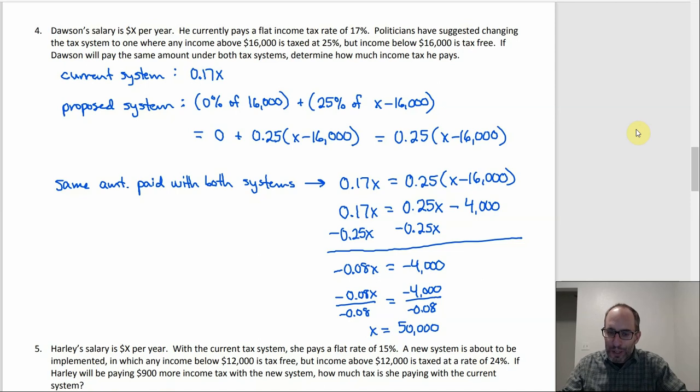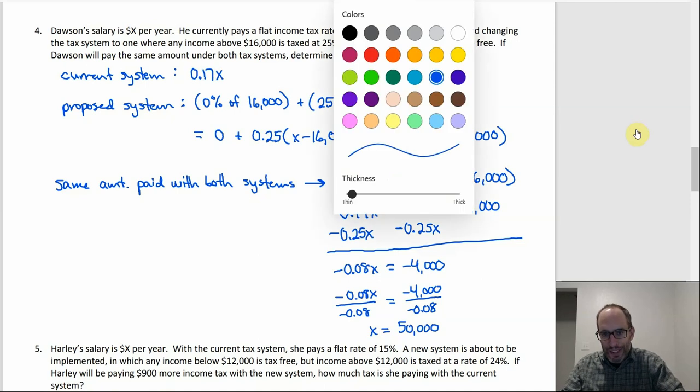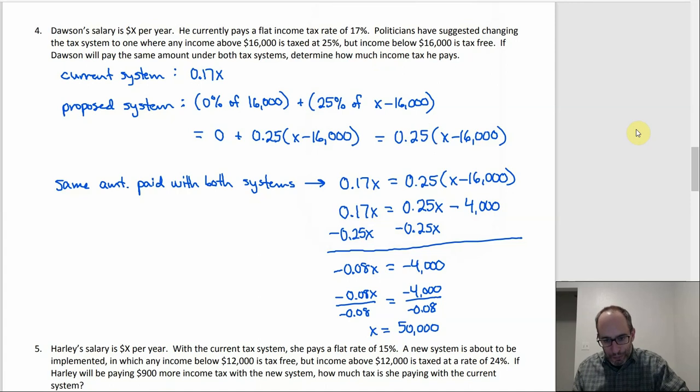That's not really the thing that we wanted as the answer. The thing that we want as the answer is the tax. So I guess I have to finish it over here. But then the tax, and you can use either one, right? Because they're going to work out to be the same. I'm going to pick the flat tax because that looks like it's less work.